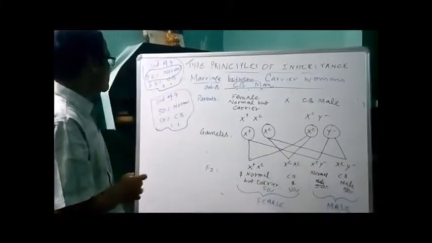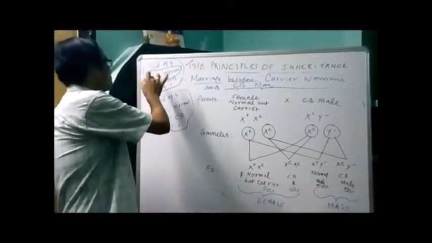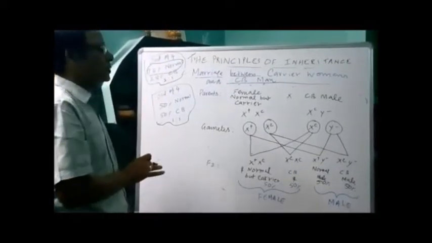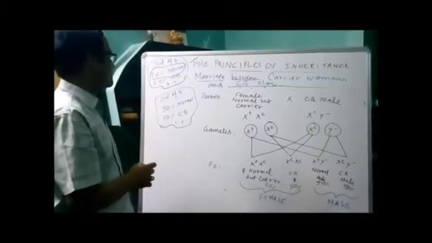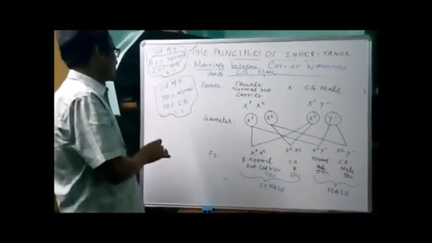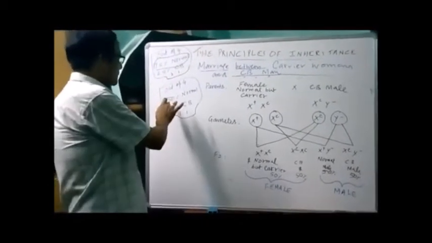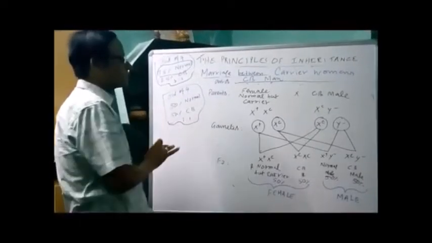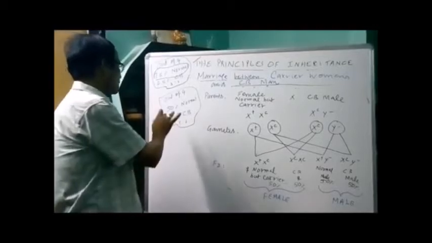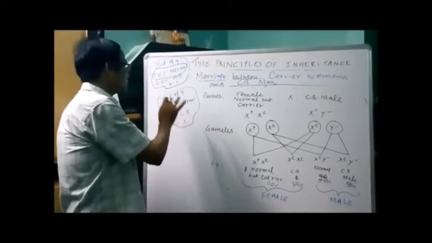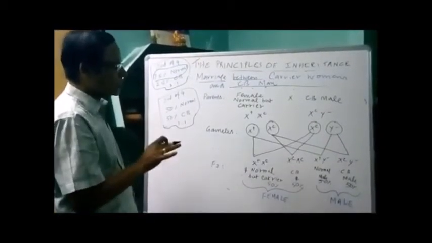Refer to the previous marriages: 2 daughters and 1 son are normal, and only 1 son is colorblind. Now in this marriage, out of 4, 50% of the individuals are normal, 1 female and 1 male. 50% of the individuals are colorblind, 1 male and 1 female.